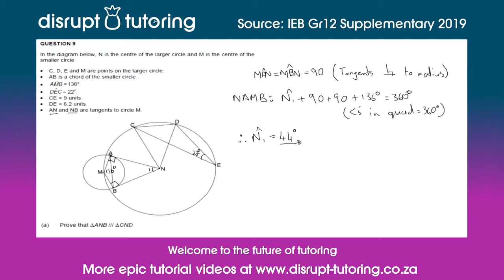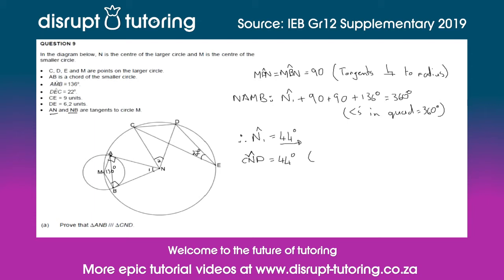Moving on, we have that this angle N2, let's call it, over here, we know is 44 degrees because of the theorem angle at the center is equal to 2 times the angle at the circumference. So writing that down, this is basically telling us that angle CND, which is your N2, equals 44 degrees.